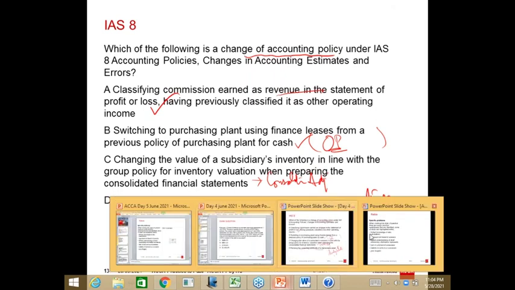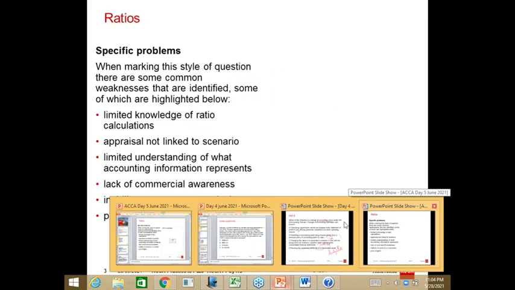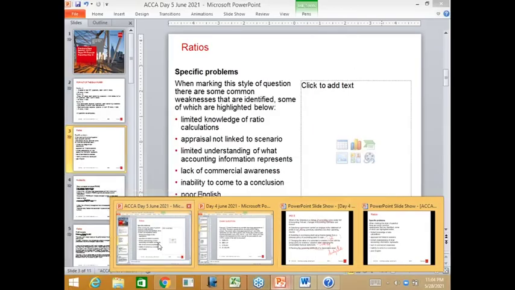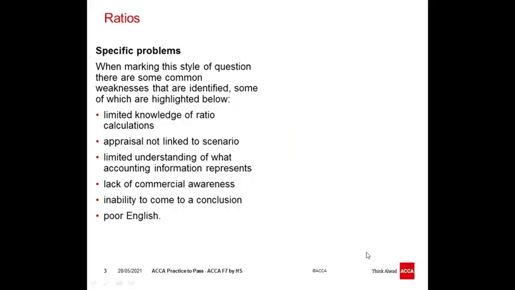So now moving towards the topic that is related to the ratios. In the ratios question, you need to develop 3 skills. The first one is you should know the formula for the ratios.